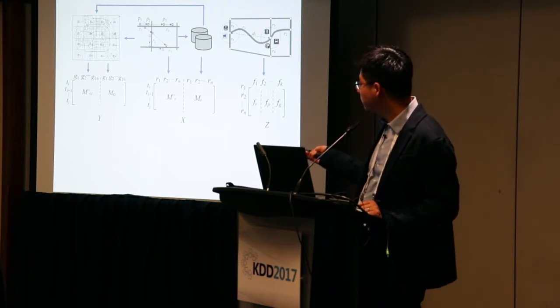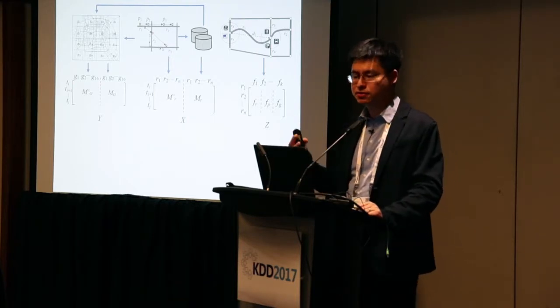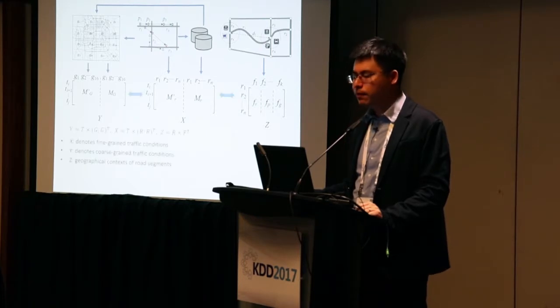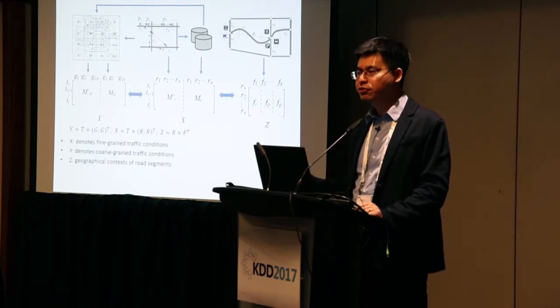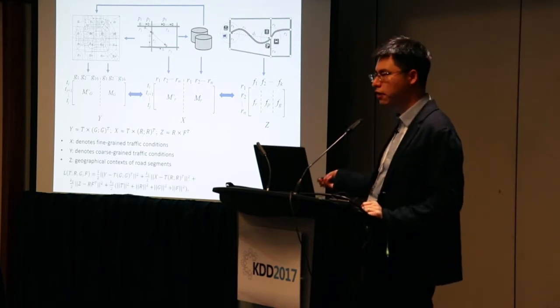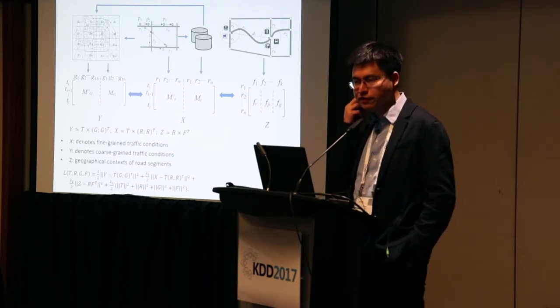On holidays, the value may be half of this one. So that's the corresponding relationship. Then we can factorize the 3 matrices together by minimizing this function. This is called context-aware matrix factorization.